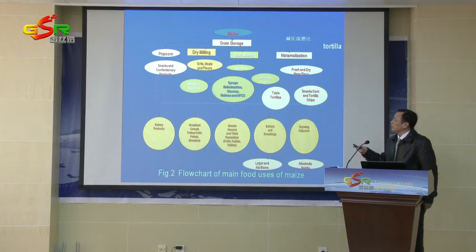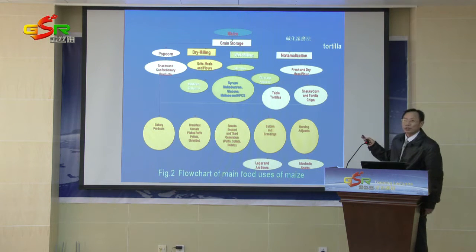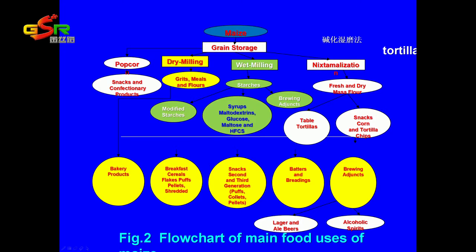Besides dry milling and wet milling, the nixtamalization processing is a special milling for the maize, used to produce masa flour.